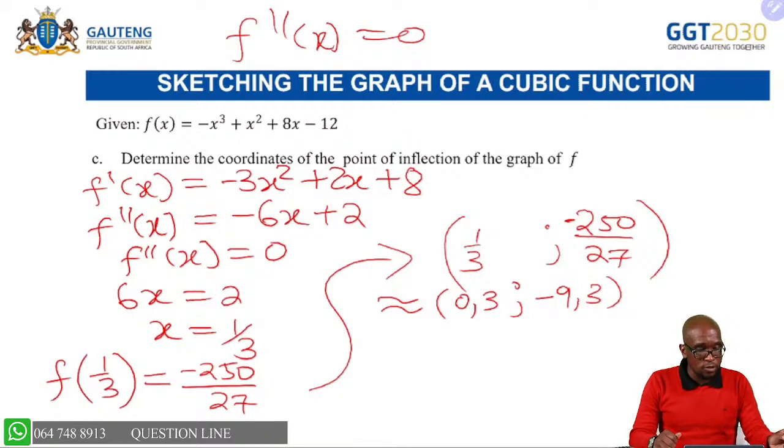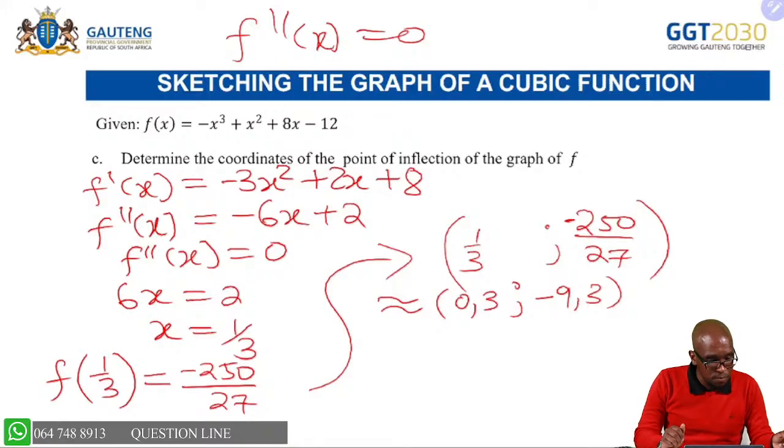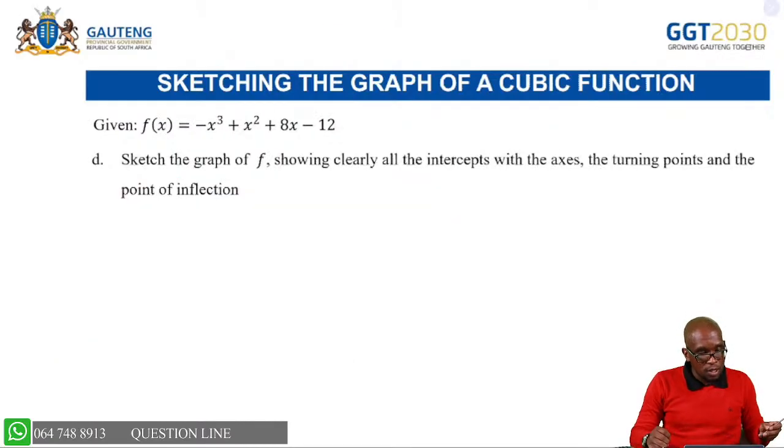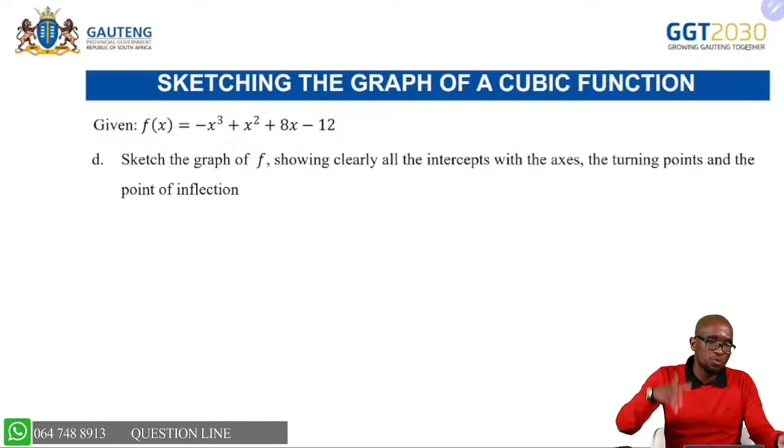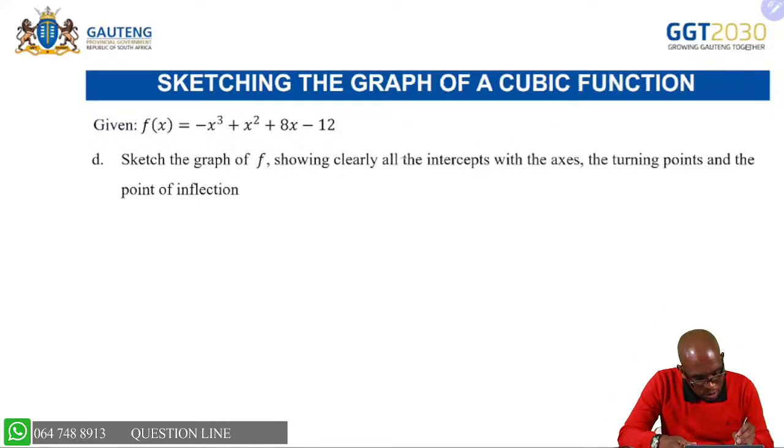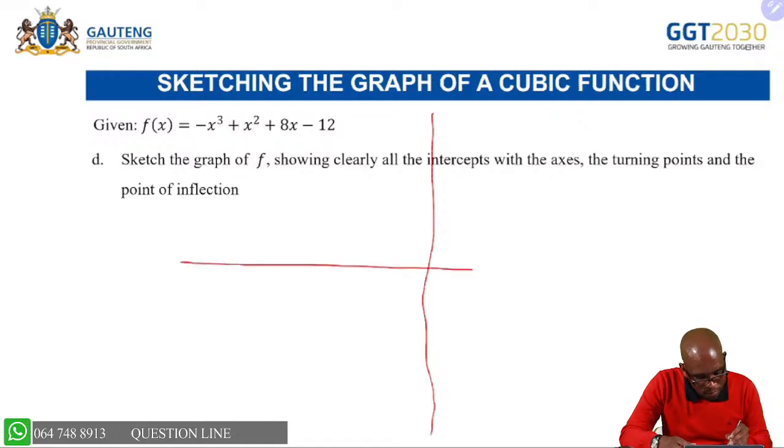And now we want to sketch the graph, using all the points that we just got. Sketch the graph of f, indicating all intercepts with the axes as well as the turning points and the point of inflection. So we want all those parameters there. Now, we're going to start. I have my Cartesian plane in this case.